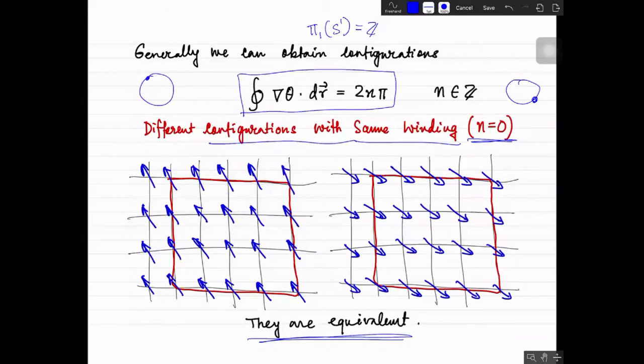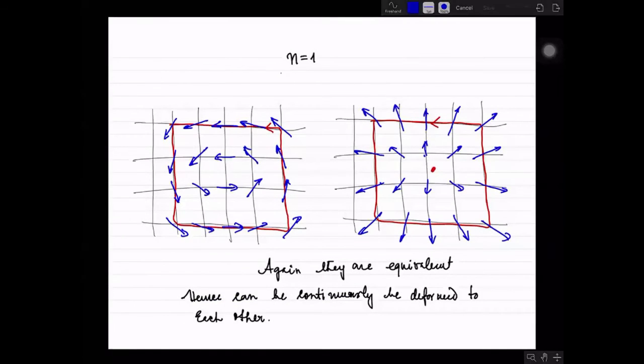Similarly, for the n equal to 1 sector, I can draw two configurations. In both these cases, the integral of grad theta dot dr is going to be 2 pi, and one is this configuration and the other is this configuration. One has been obtained by rotating the other.